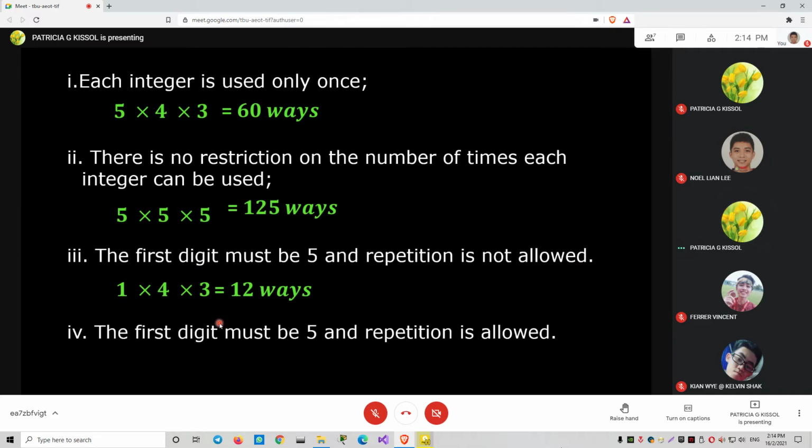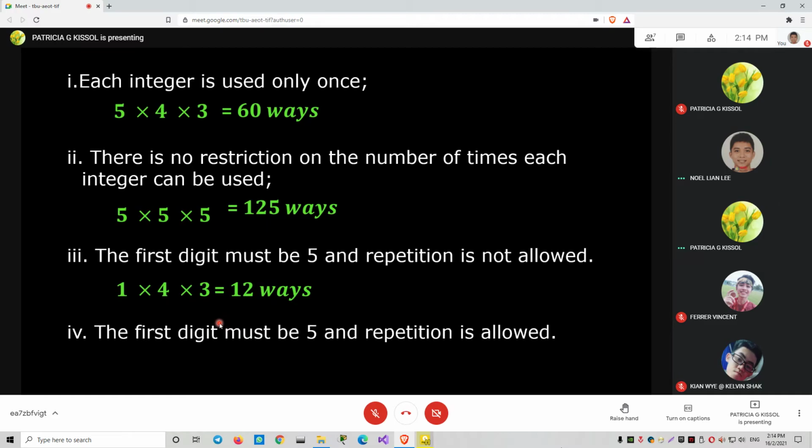Any idea? 4 times 4. Yeah, 16. Repetition is allowed though. So the first one is 1 times.